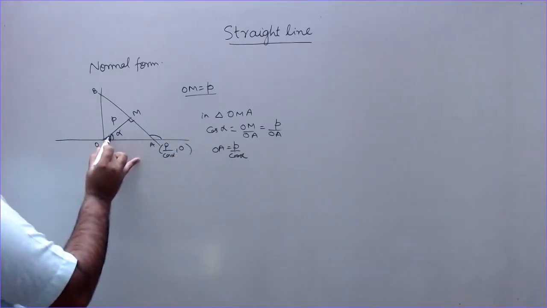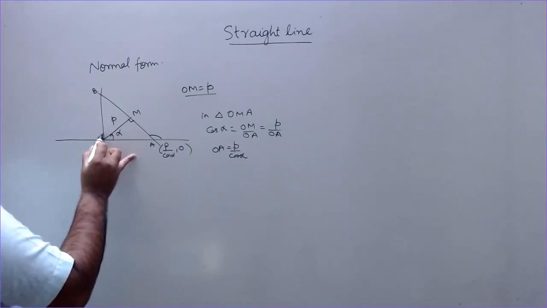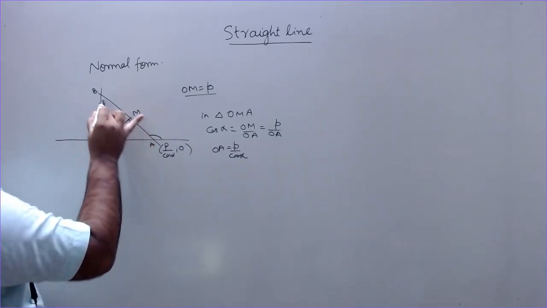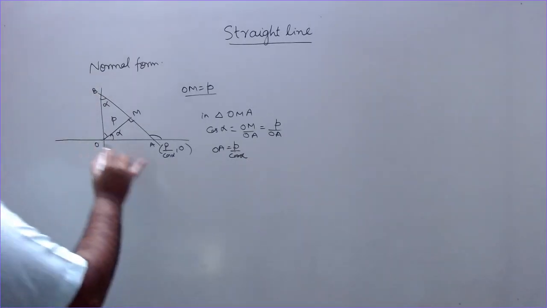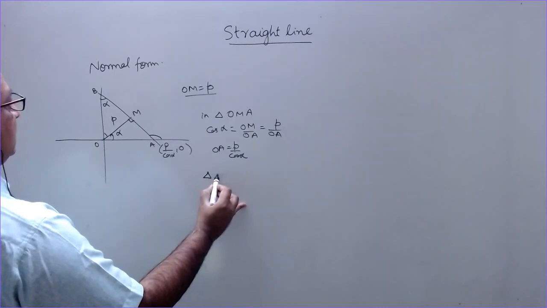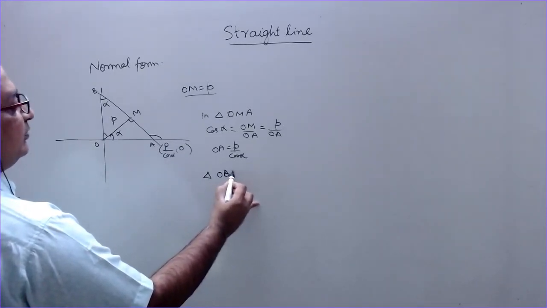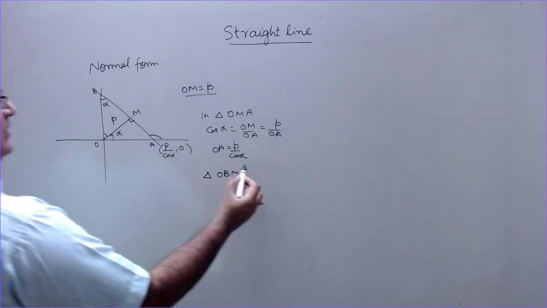This angle is alpha. This whole is 90, this is 90 minus alpha. This is 90, this is also alpha. Now I can find the distance OB. The x coordinate for this is 0. So in this triangle OBM, what is sin alpha equal to?